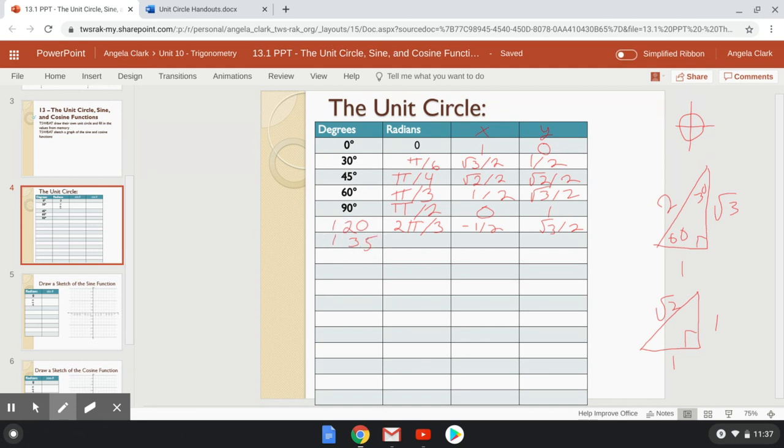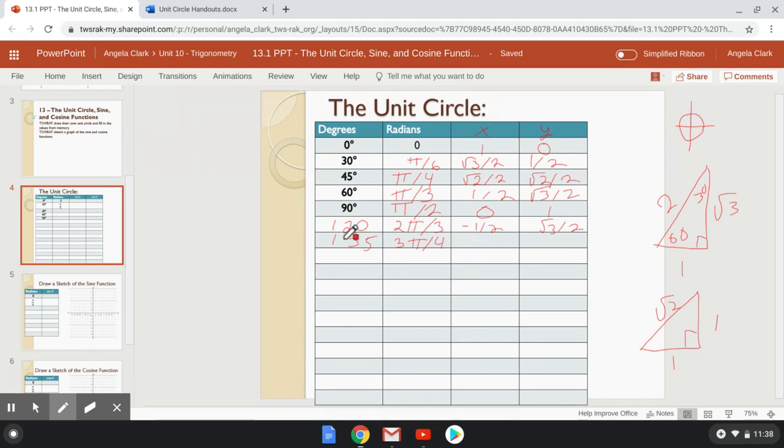This is going to be 3 pi over 4. Notice the one that corresponded with 60 had a 3 in the denominator. 60 has a 3 in the denominator in radians. And the one that corresponds with 45 has a 4 in the denominator. 45 has a 4 in the denominator in radians.